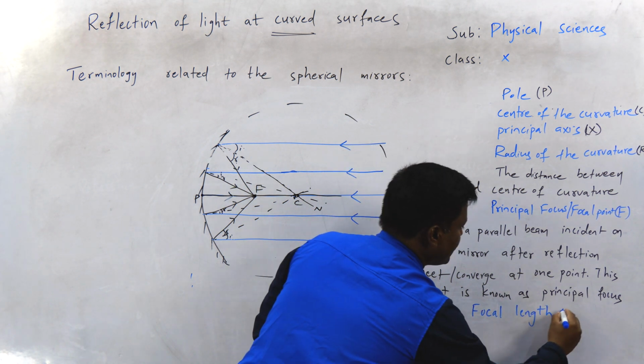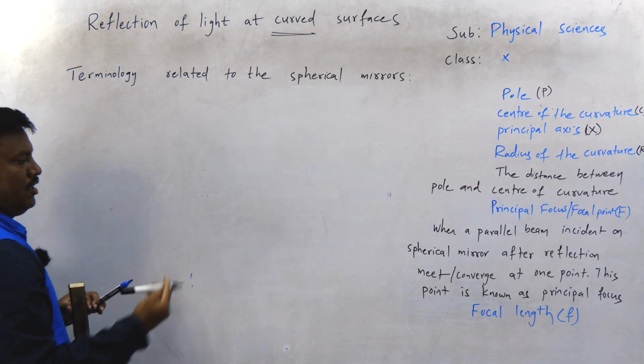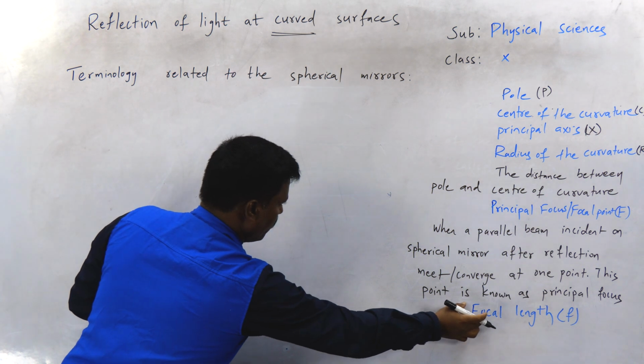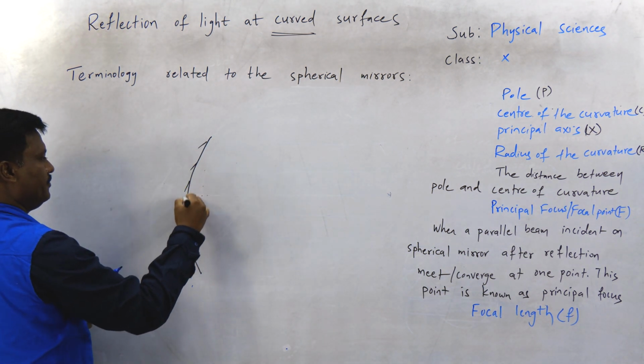Focal length is denoted by small f. Now we are going to talk about focal length. You see, this is the spherical mirror.